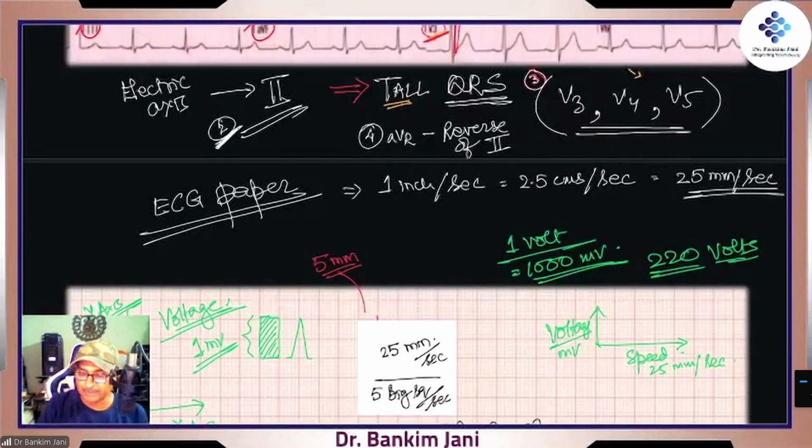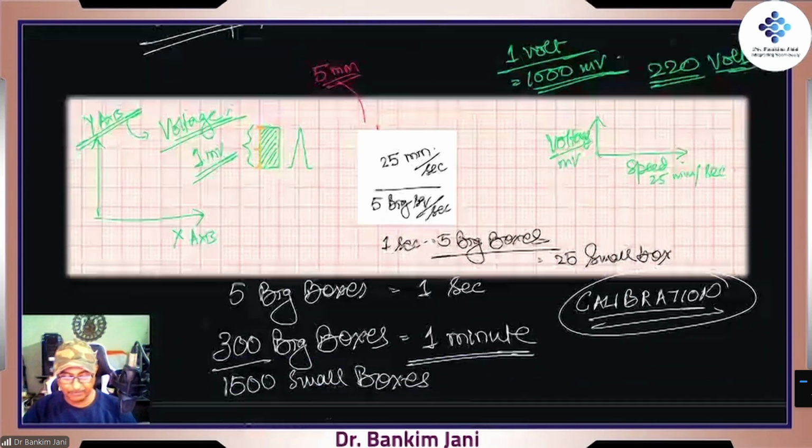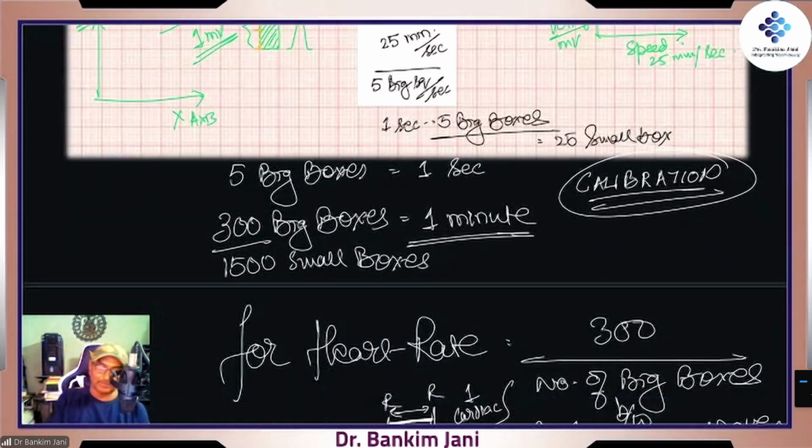For the ECG paper, the speed is 25 millimeters per second. And when we calibrate, this is about 1 millivolt. 1,000 millivolts make 1 volt. We are talking about 1 millivolt, and its deflection would be exactly 2 big squares, right? 5 big squares, or 5 big boxes, take 1 second to clear.